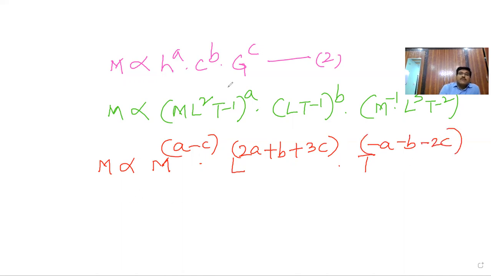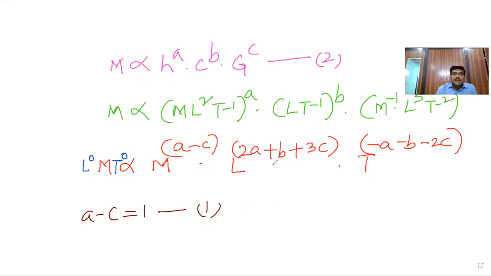Okay, equating the similar powers, because here L is not having L to the power of 0, similarly T to the power of 0. So if I equate them, first M I am equating: A minus C, M to the power, this is 1. Equation number 1: A minus C.